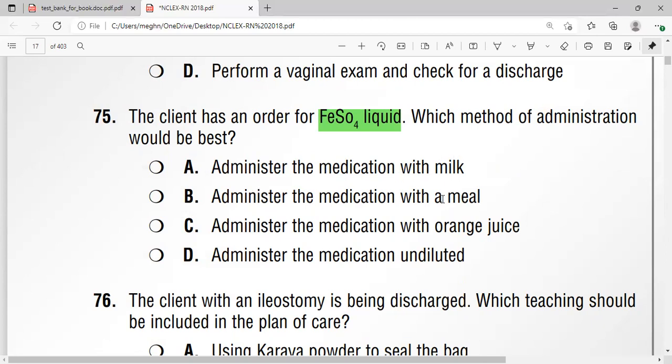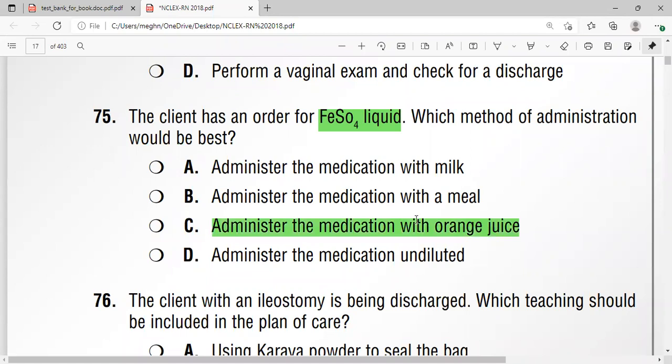B, administer medication with food. C, administer the medication with orange juice. And D, administer medication undiluted. What is the correct answer? The correct answer is C, right? Administer medication with orange juice.